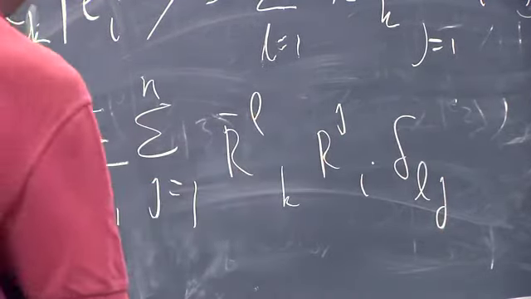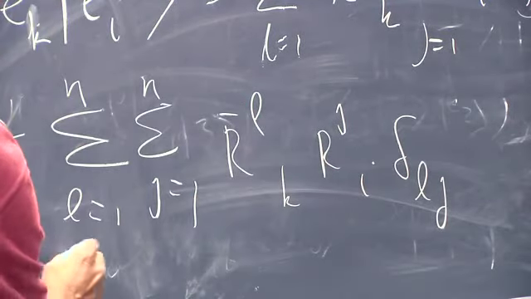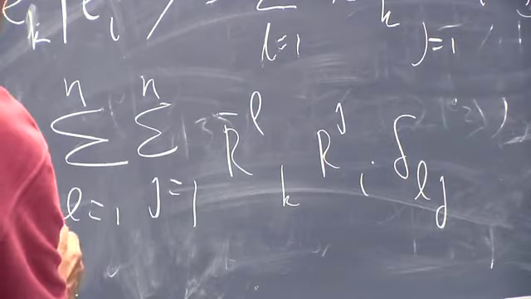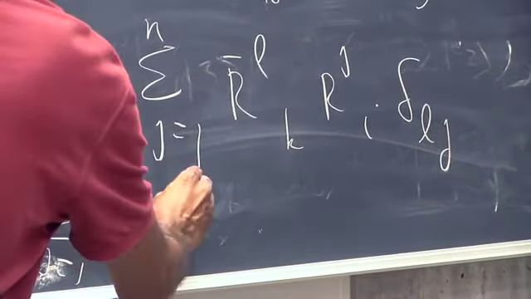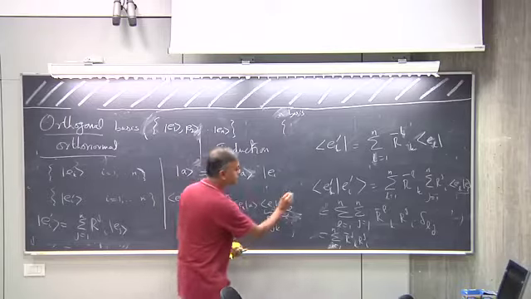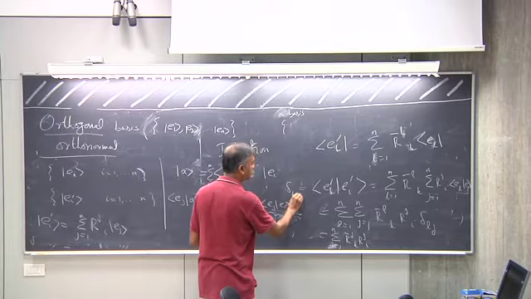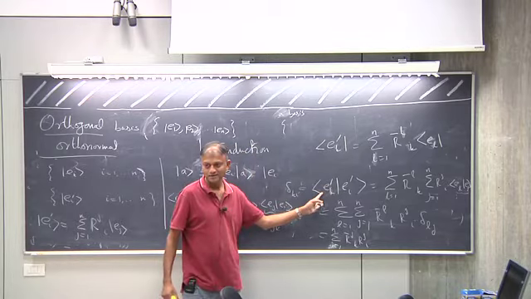So one sum I can do because of the Kronecker delta. So this is the same as the sum over j equal to 1 to n of r bar jk rji. And this whole thing is supposed to be equal to delta ki, because the new basis is also orthonormal.